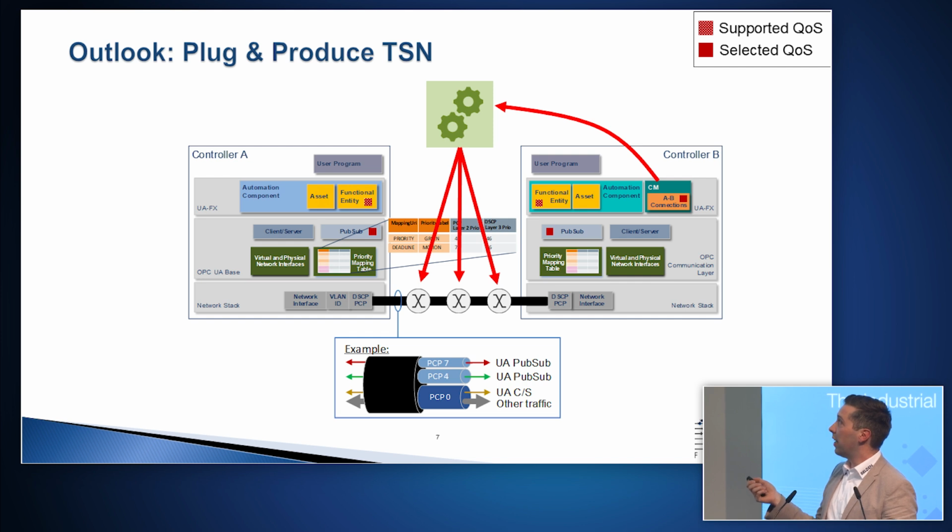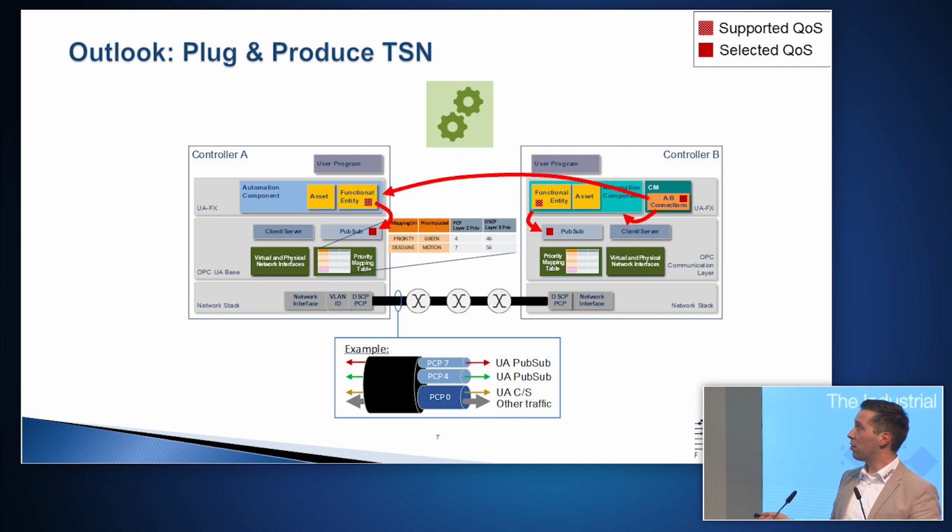The connection manager has all the requirements inside. It knows exactly how the end devices want to behave. So it tells the central entity how the devices want to behave, what they request from the network, and that can either reconfigure the network or just assure that the network already fits to that. And then we have exactly the same process.